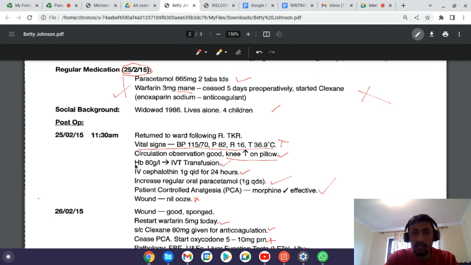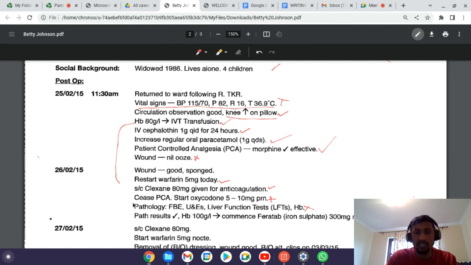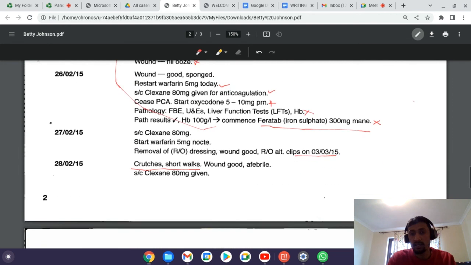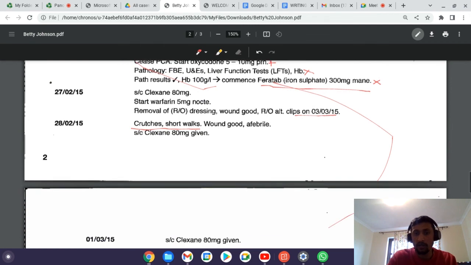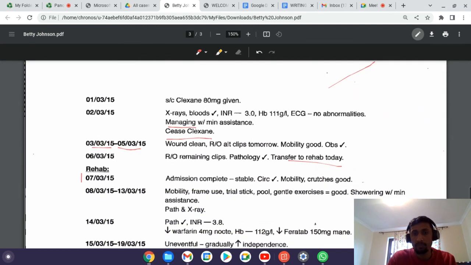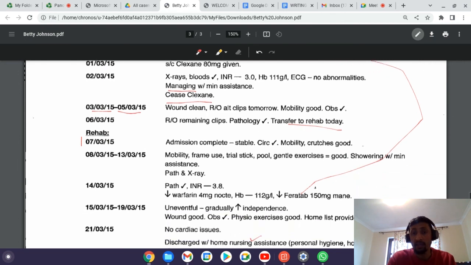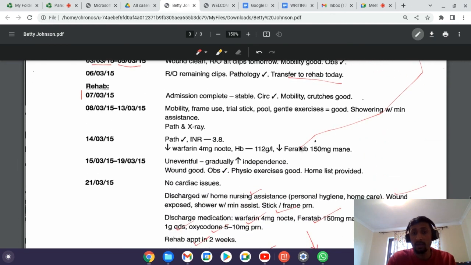Hb was lower and improved to 100 grams per liter, and Ferritab was reduced to 150 milligrams and needs to be continued.